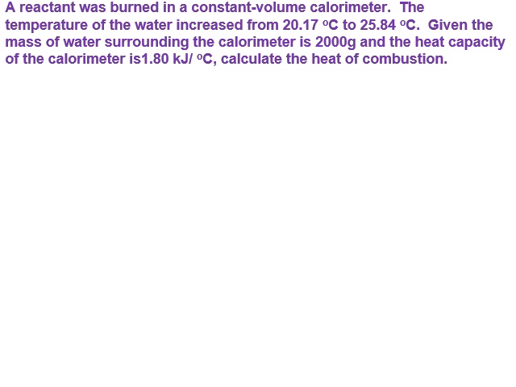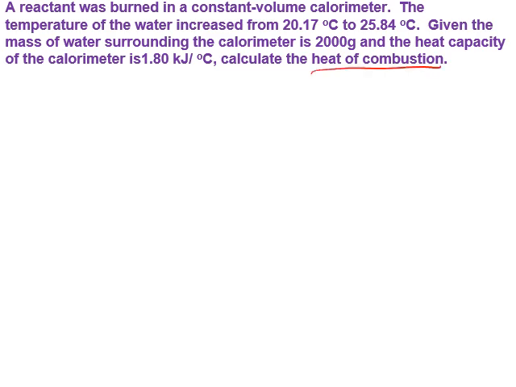A reactant was burned in a constant volume calorimeter. Constant volume calorimeter, in other words, is your bomb calorimeter. The temperature of water increased from 20.17 to 25.84 degrees Celsius. Given the mass of water is 2000 gram, and the heat capacity of the calorimeter is 1.8 kilojoule per degree Celsius, calculate the heat of combustion.